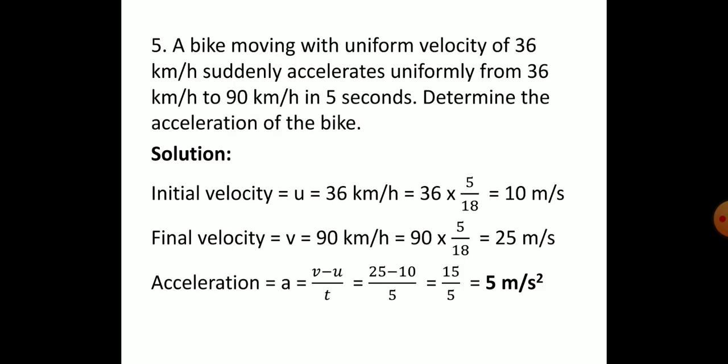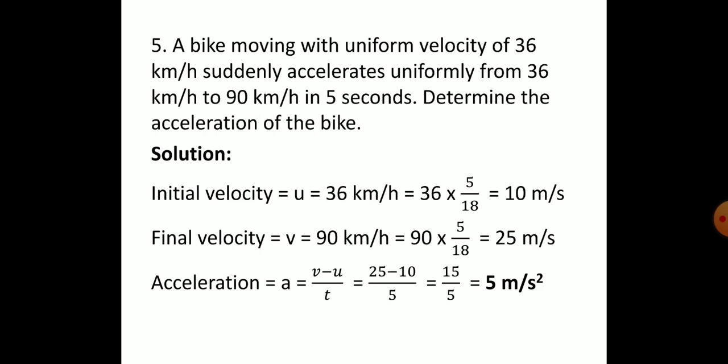Now the next question: a bike moving with a uniform velocity of 36 km per hour, uniform velocity, and then it suddenly accelerates uniformly from 36 km per hour to 90 km per hour in 5 seconds. Determine the acceleration of the bike. Acceleration of the bike, you have seen this.